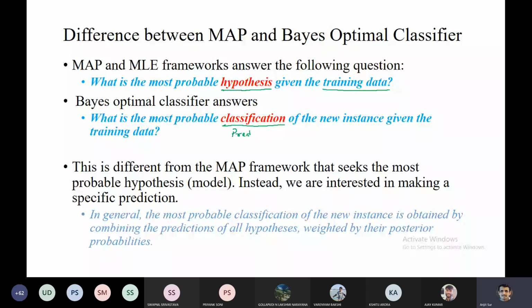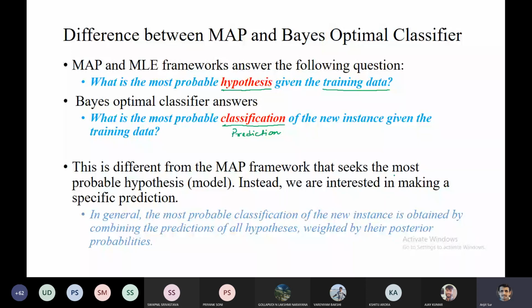So from a training sample, based on this training sample, if a new sample comes, how optimally can we classify it? So this is called the Bayes optimal classifier. That's the definition of this. This is different from the MAP framework that seeks the most probable hypothesis.